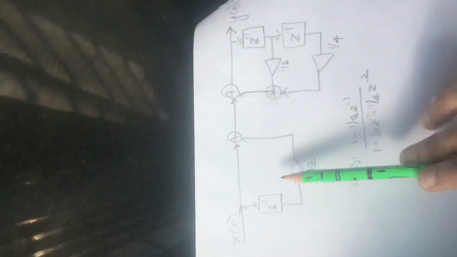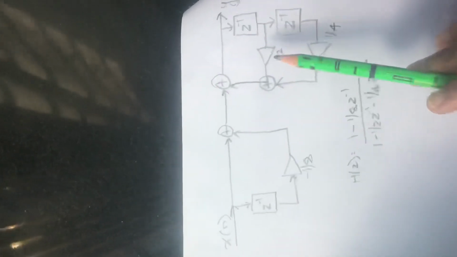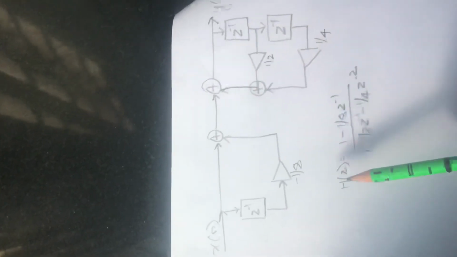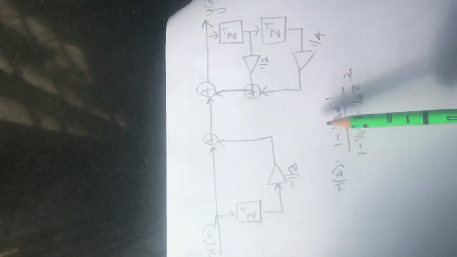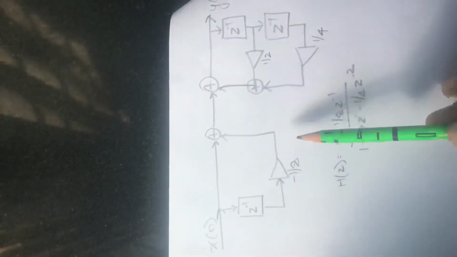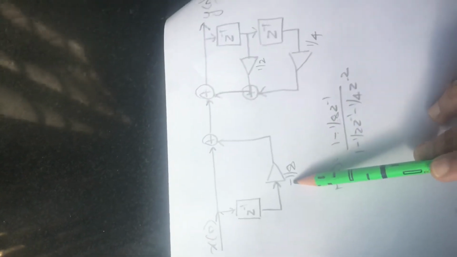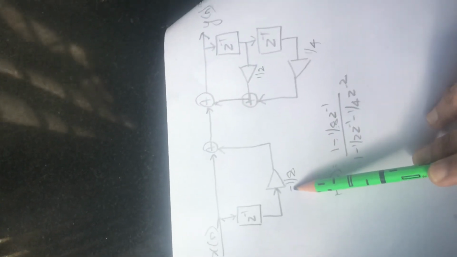You can directly draw the realization, there is no need to derive. As you can see, the sign of the numerator coefficients remains the same and they appear on the left hand side of the realization block.